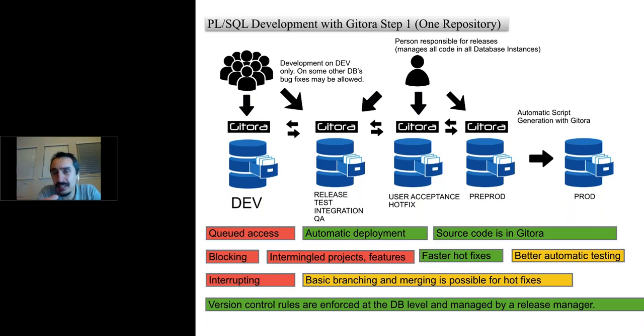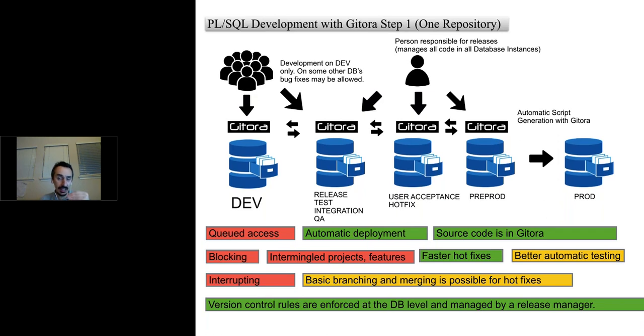So there usually is a release manager, at least one, that manages the movement of the code between different database installations. And he uses Gitora to pull code from dev to release, or from dev to test to integration to QA. And then when that's ready, move code from test to user acceptance, and then from user acceptance to pre-prod. And finally, when everything is in pre-prod and ready, the release manager uses Gitora to create a script to apply to production.